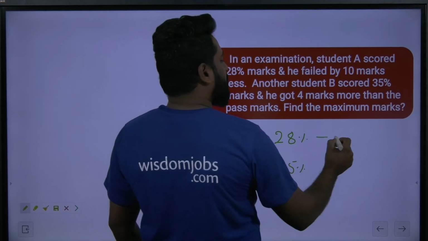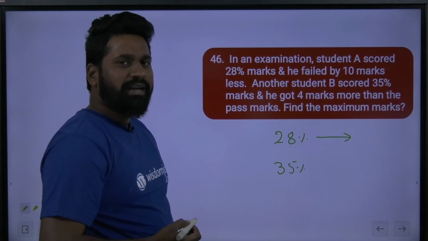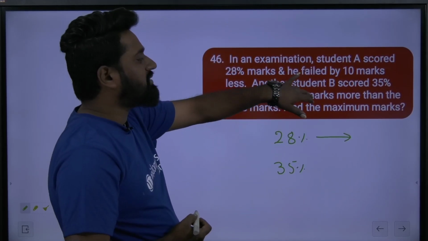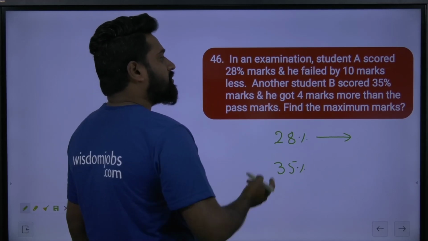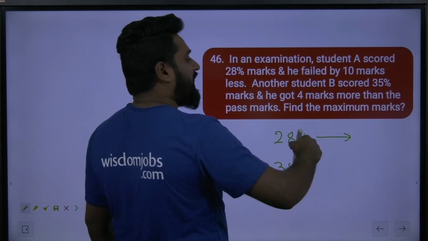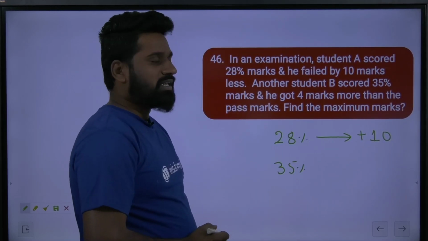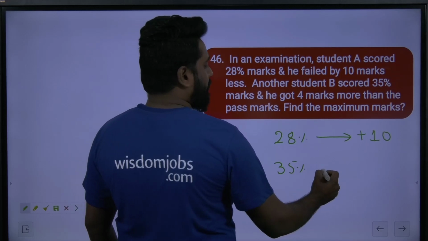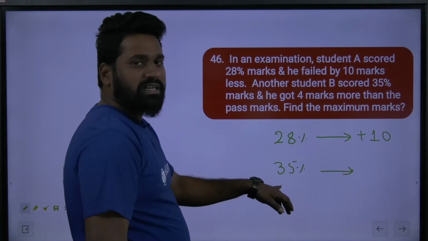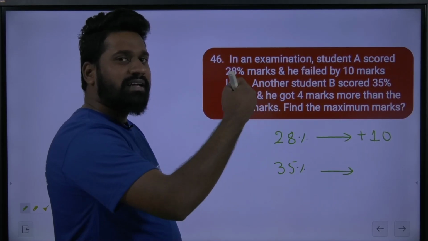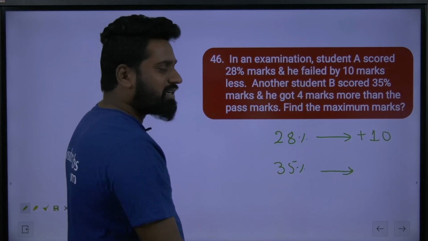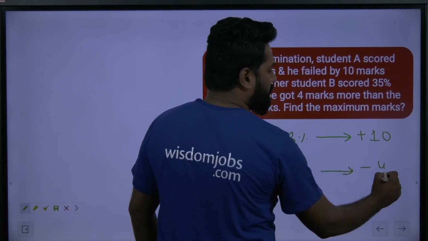Suppose first one is 28% but failed by 10 marks. So failed by 10 marks means you can add those 10 marks, plus 10 you can write. Is it clear? In second case, this person got 35% and he got 4 marks more than the pass.